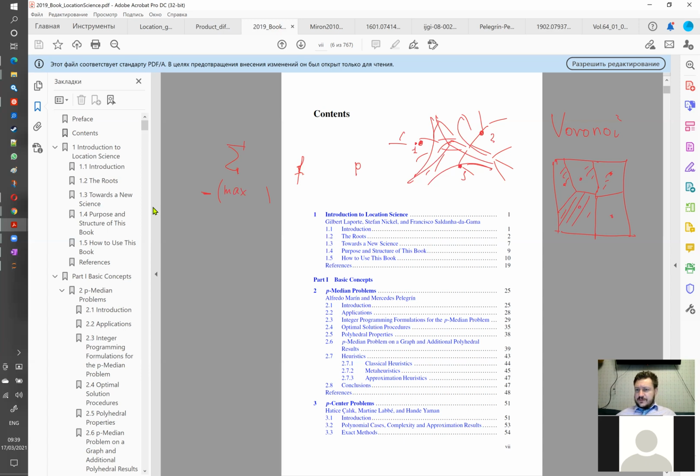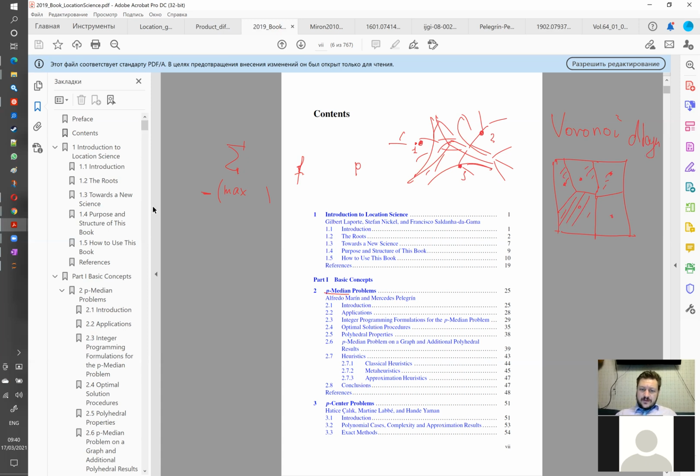This is a well-known thing. We will have something very similar here, but the problem is where we should place these points, and there is a name, the p-median problem, but it's not for games. It's usually for one player who has several shops.